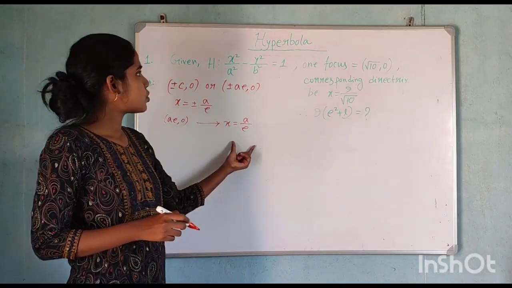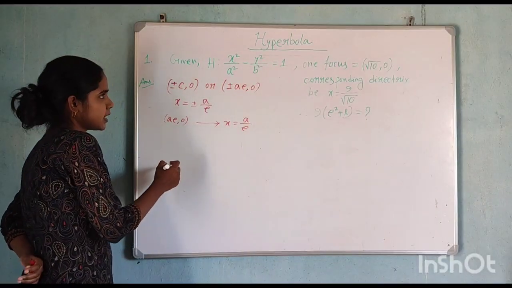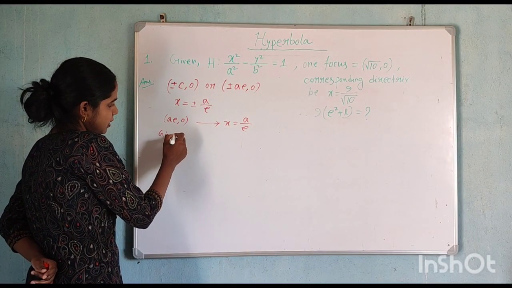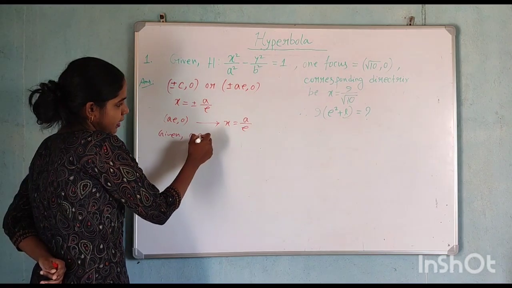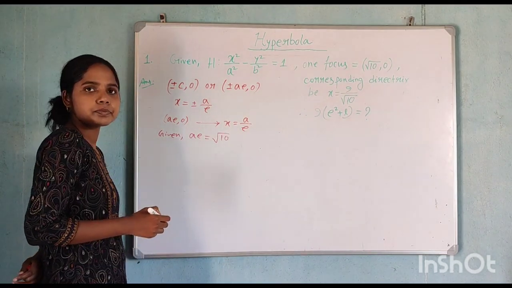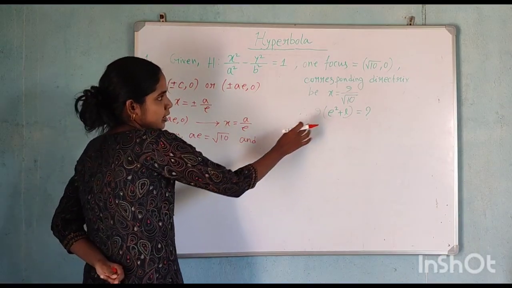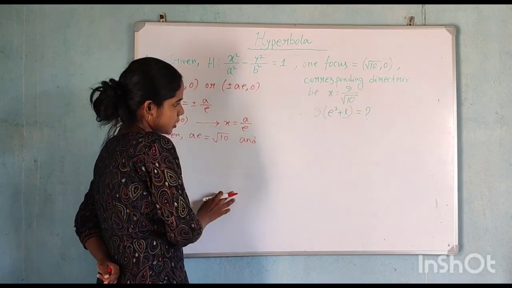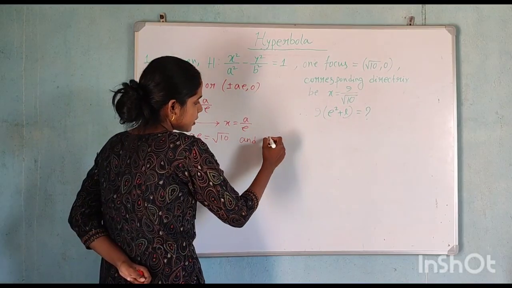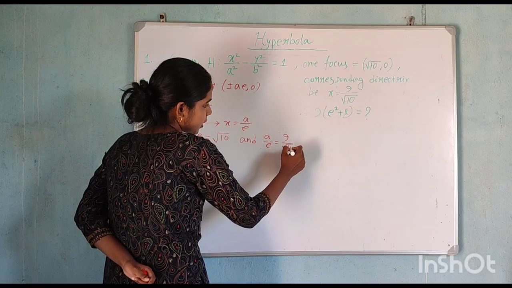Now compare these two with the given values. So by comparing we can see that a e equal to root 10, and here it is x equal to 9 by root 10. So that means a by e equal to 9 by root 10, right?